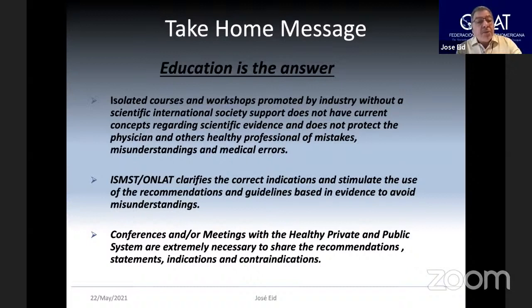Our society, both the International Society and the Ibero-American Federation, clarifies the correct indications and stimulates the use of these recommendations to avoid misunderstanding.